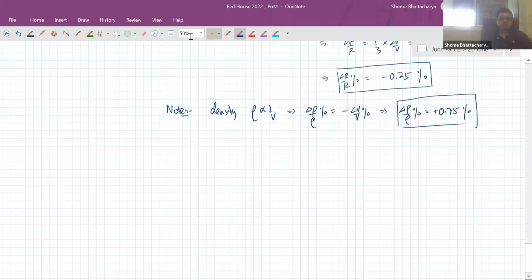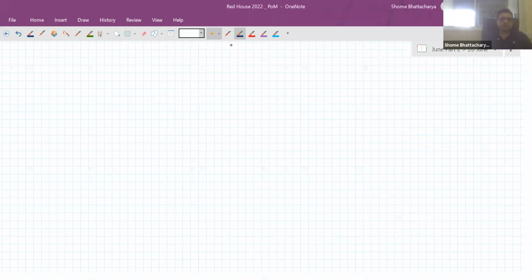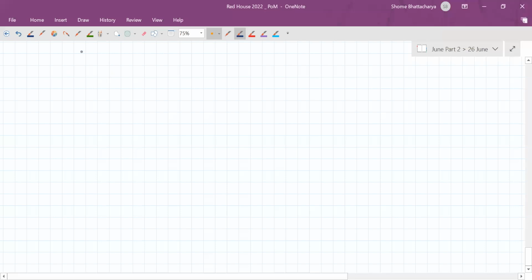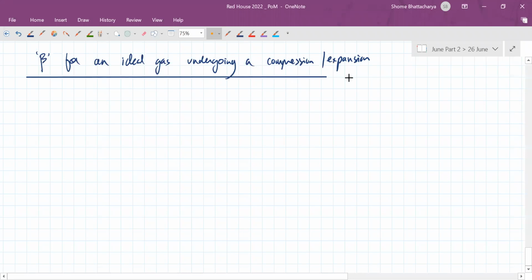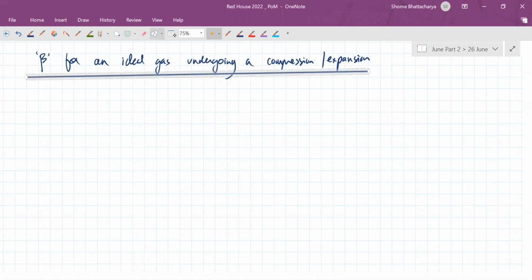Now we come to volumetric stress and strain and bulk modulus for an ideal gas undergoing a thermodynamics process. So bulk modulus is defined in a sort of instantaneous manner over there.